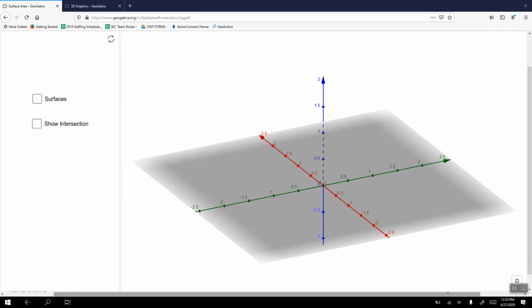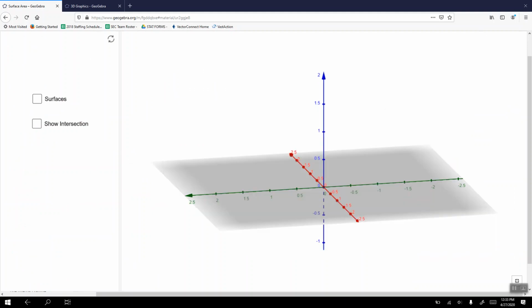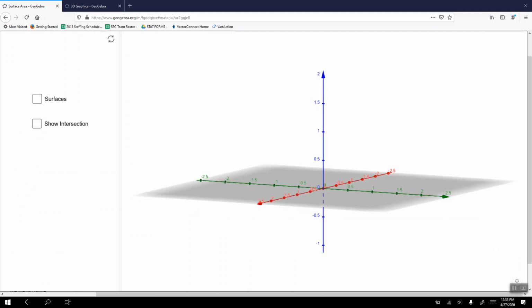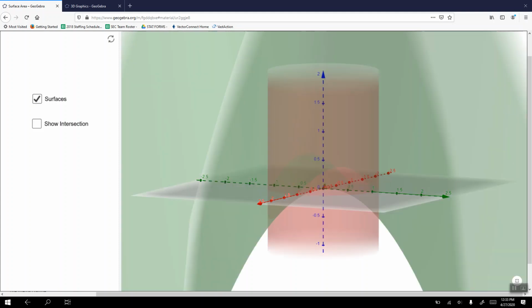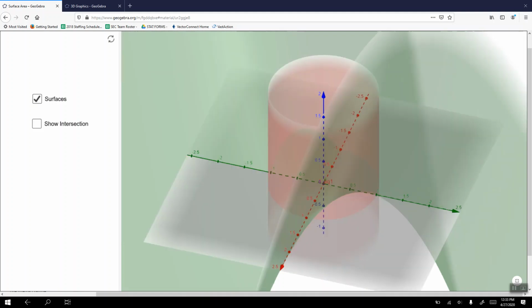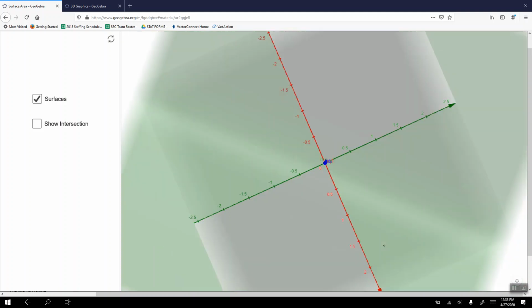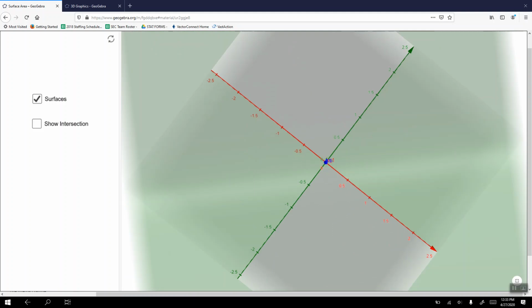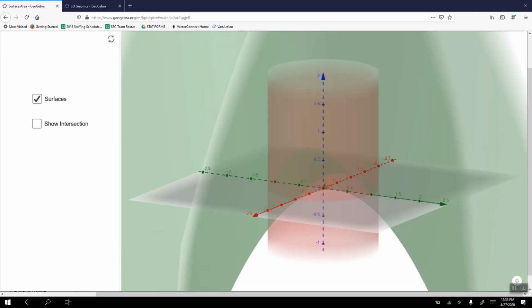Excuse me, my computer's lagging a little bit. I'll wait for that. So I'm going to show the surfaces here. I have the green surface, which is my hyperbolic paraboloid, and I have the red surface, which is my cylinder. Now notice it's kind of hard to tell which one is the intersection or where it's actually occurring.